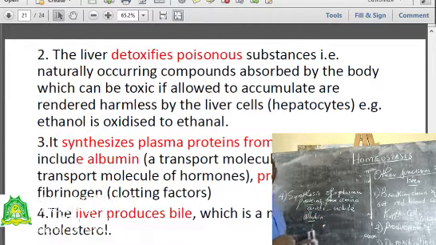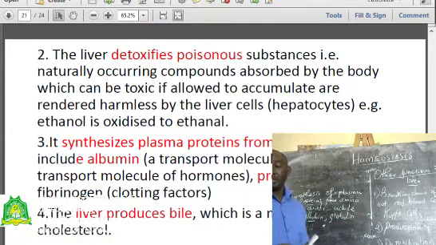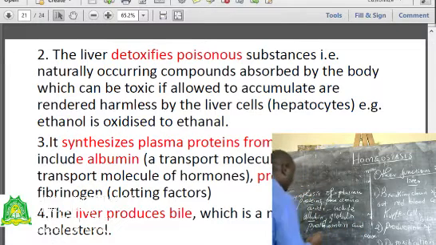Albumin is involved in transportation, or it's a transport molecule. We also have globulin, which is a molecule also concerned in formation of hormones. We have prothrombin. Dear learners, you can remember very well that prothrombin is involved in blood clotting. So prothrombin and fibrinogen.